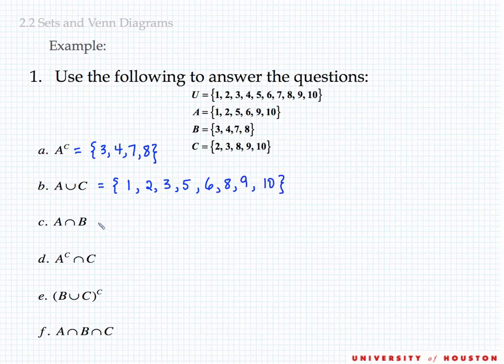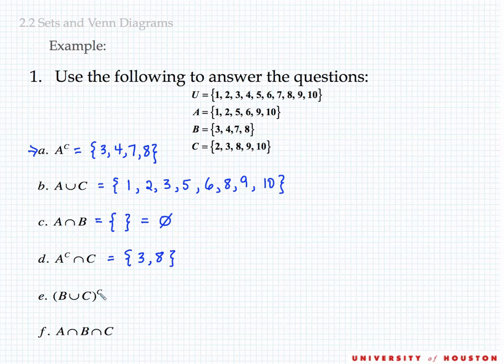A intersect B consists of the elements that are strictly in both A and B. There are no such elements, so we could write an empty set like that or use our empty set notation. A complement intersect C: we're going to look at A complement, and find what it has in common with C. That would consist of the elements 3 and 8.